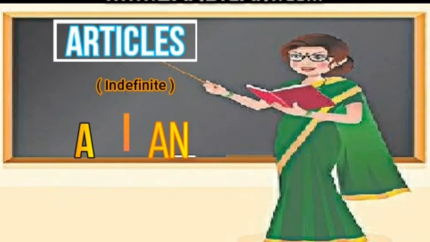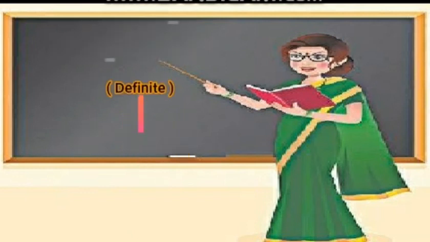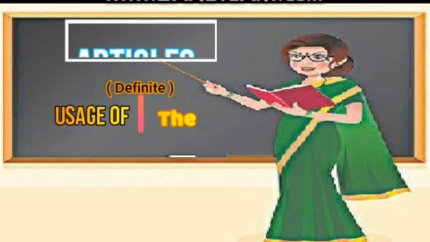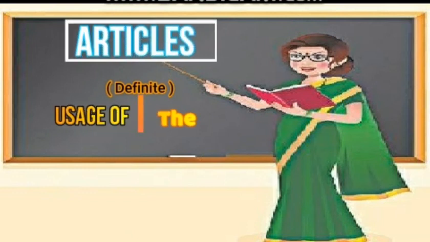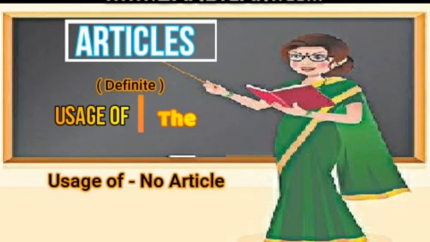Right. Now, we are going to see the usage of the. Shall we start, my dear children? Right. Not only the, along with this, where no article should come. Let me explain that. Okay. So, when adjectives come as nouns, there we have to use the.